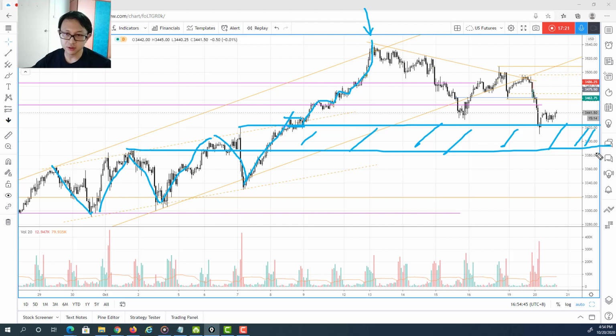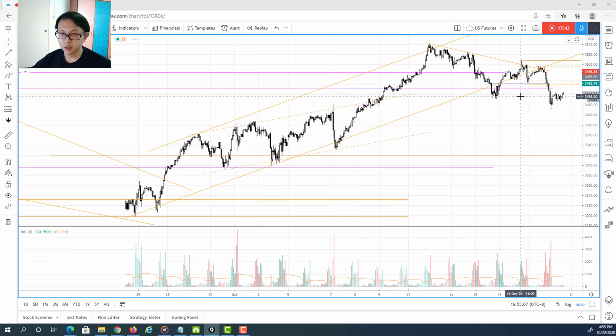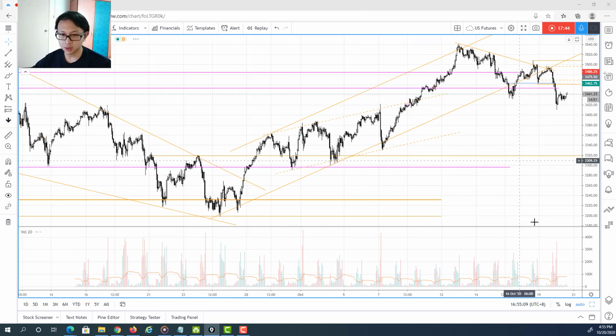So that's somewhere around 3390 or 3385 to around 3420. So if we cannot see the price hold in this supporting area, then definitely I think it will just break down and test the September low. So let me zoom out a bit more to show you the low, and that's around the 3200 level.